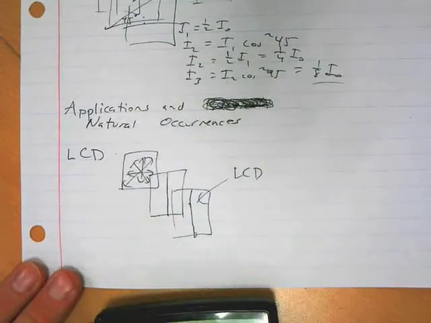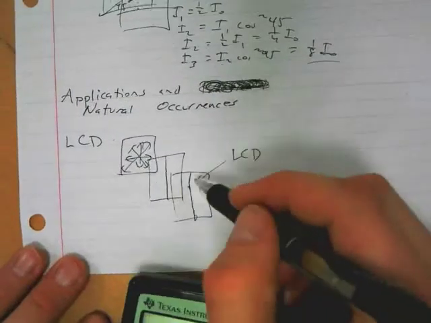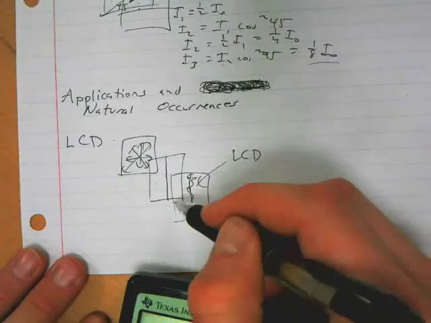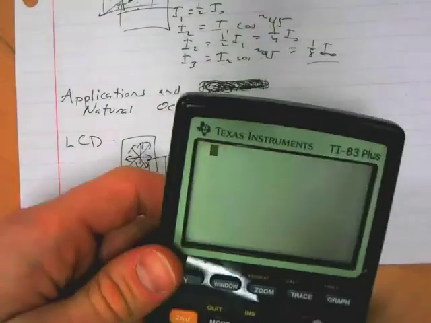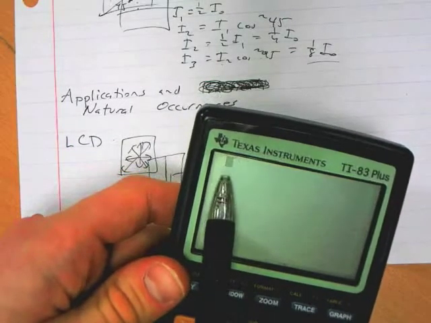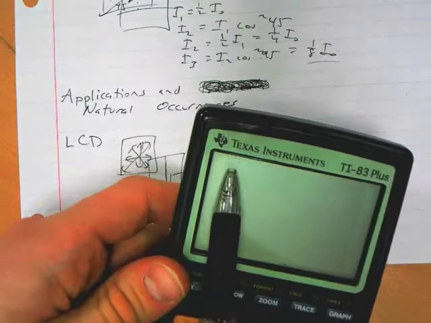Now, if we run a voltage across this, it will change its orientation to be horizontal. And that, if I turn it on, creates this region. It's applying a voltage and then removing it to create this blinking cursor.